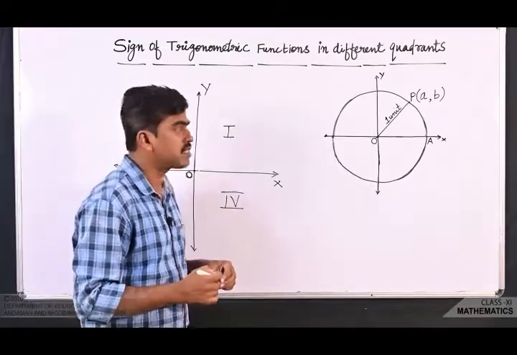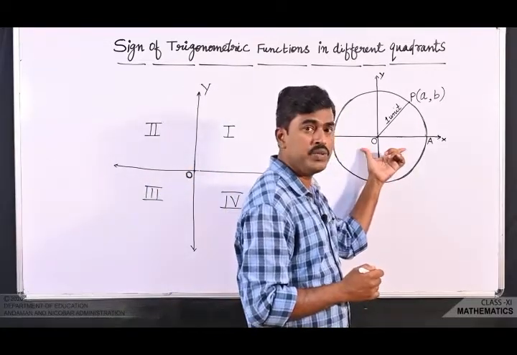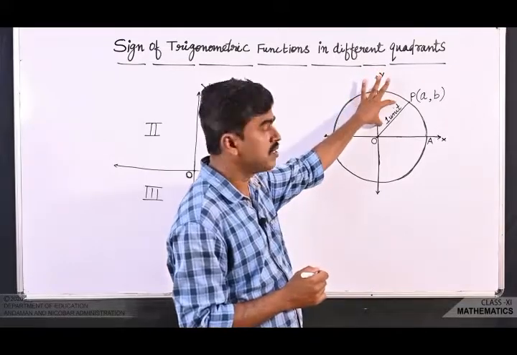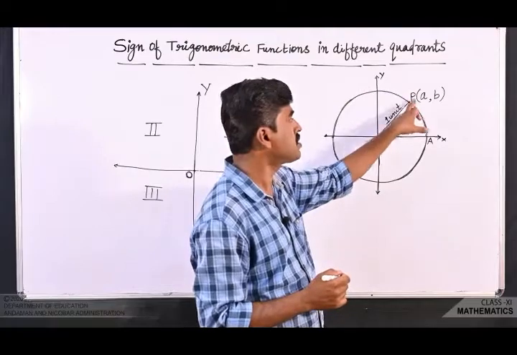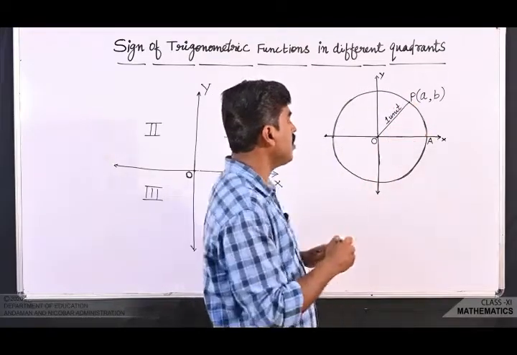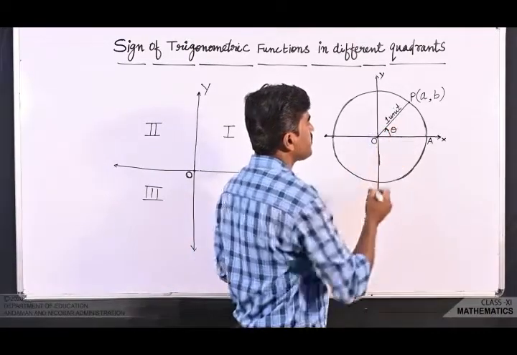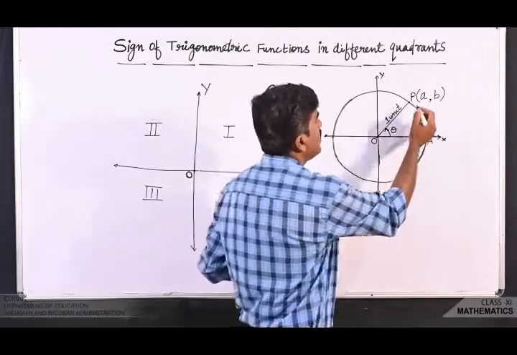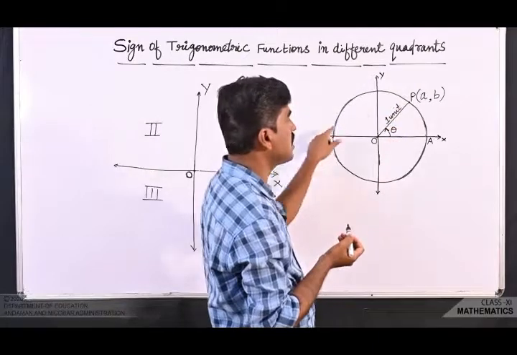Now in the previous class, I told you if we consider a unit circle, that means a circle of radius 1 unit, then the coordinates of any point on this circle can be represented using the cosine and sine of the angle theta. This is the angle theta, angle AOP, where P is a point on this circle.